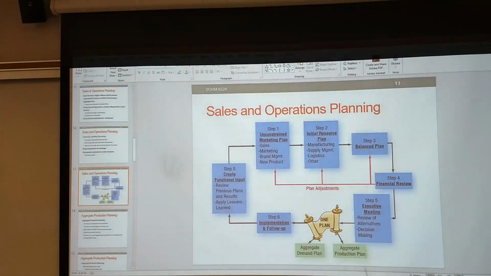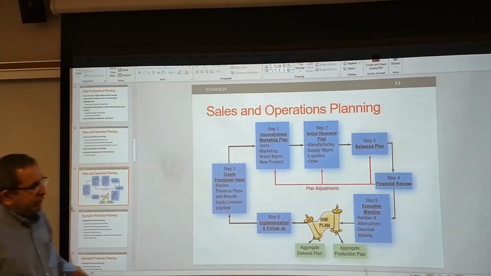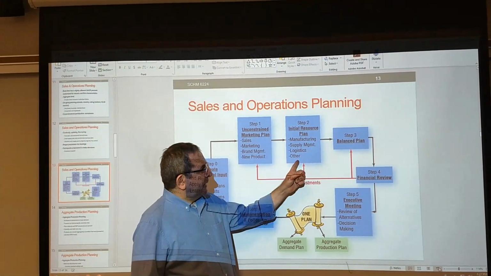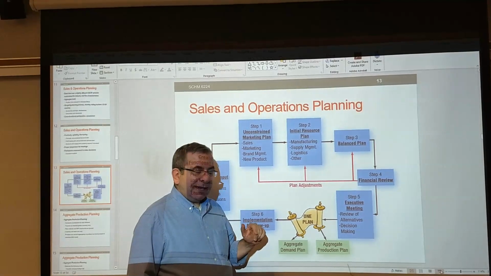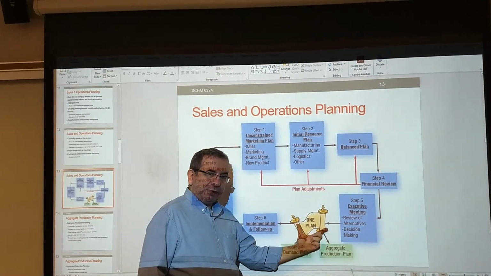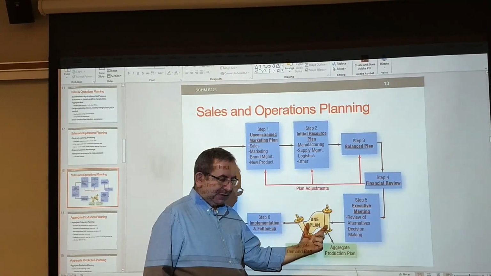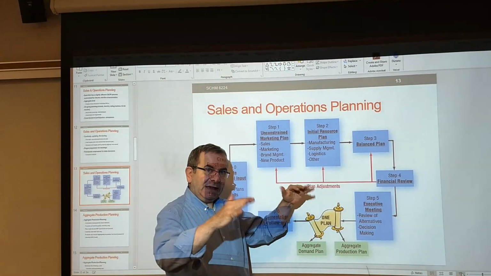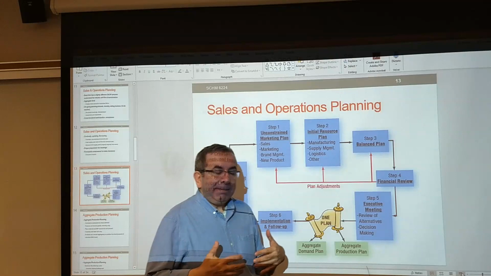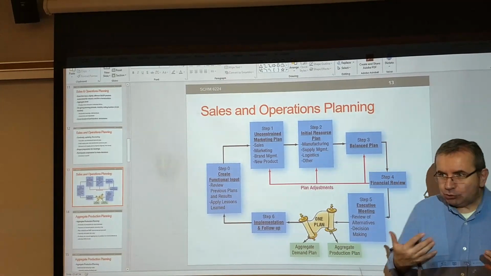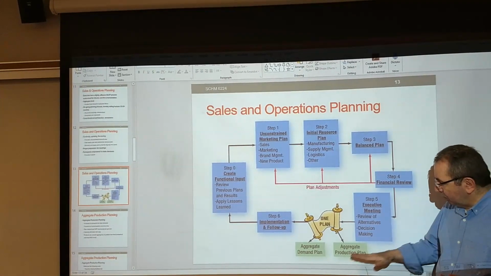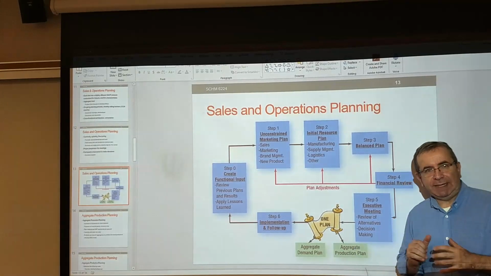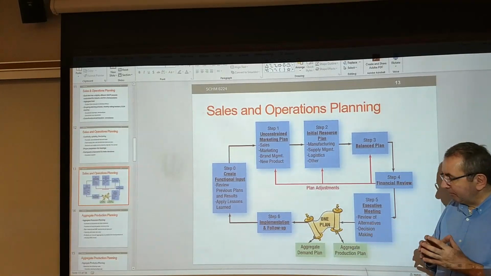So, now the output from the sales and operations plan is the one plan, the consensus forecast. Now, given this aggregate high-level forecast, there will be two plans, production plan and demand plan. What does this mean?